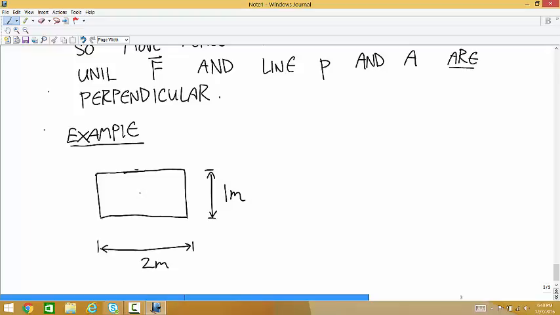And the axis of rotation is at the center. And a force of 20 newtons is applied at the corner. So what's the moment produced by that 20 Newton force?